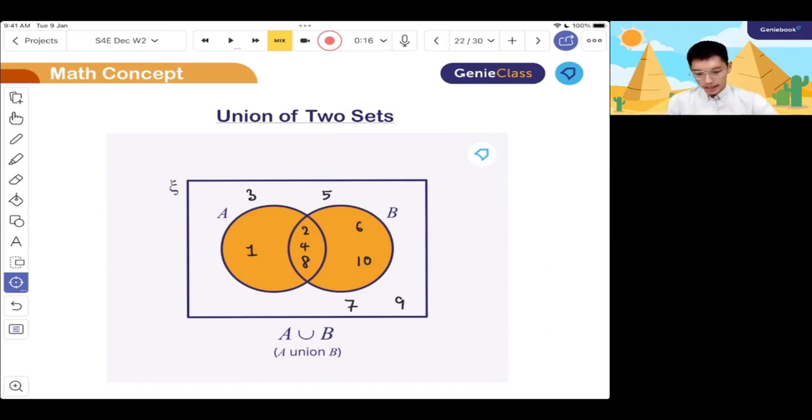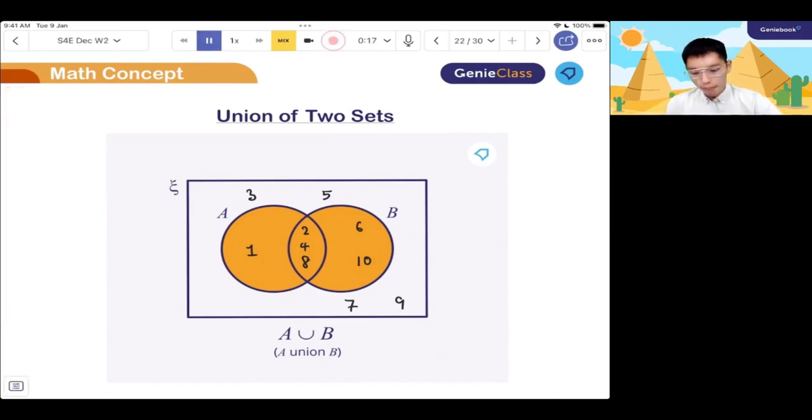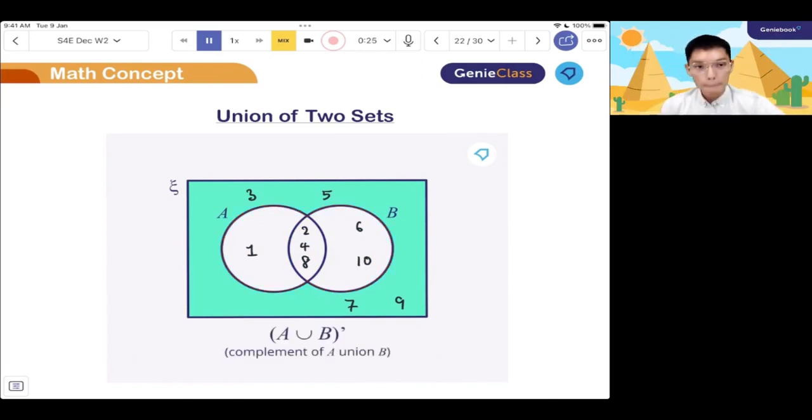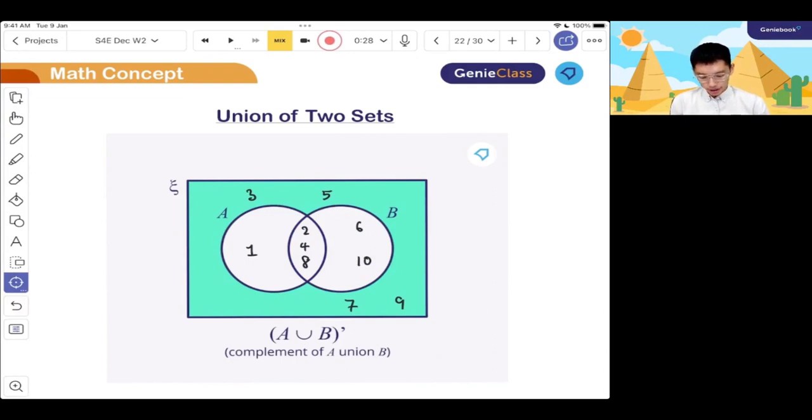In this case, we can follow up with the complement, which is exactly the ones outside, in this case the mint color, which is A union B bracket complement, or the complement of A union B. I hope this gives a better picture of the notion of union.